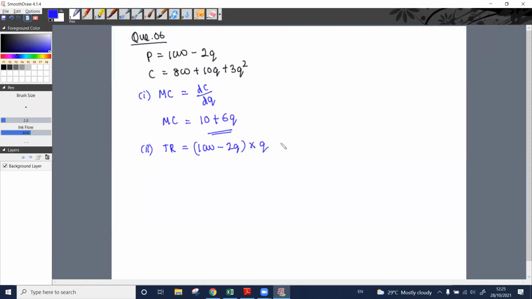This needs to be multiplied by the quantity to get the total revenue. Therefore, total revenue should be 1000Q minus 2Q squared. Now we can find the marginal revenue by differentiating this, so it becomes 1000 minus 4Q. Marginal revenue.